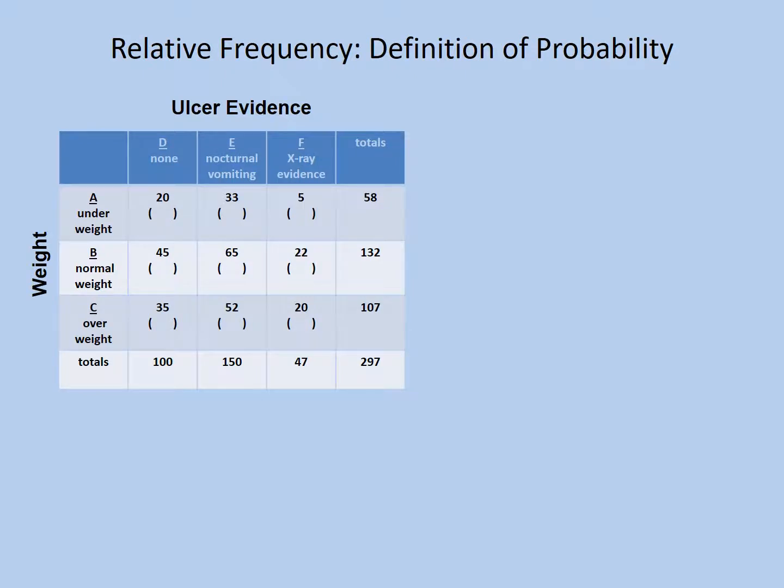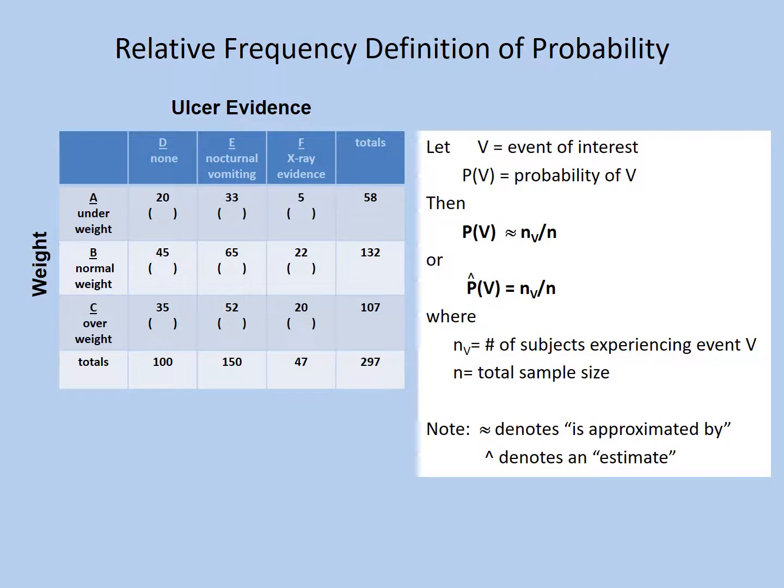We will use our two-way classification table relating weight to ulcer evidence to illustrate the relative frequency definition of probability. Let V denote any event of interest, and P of V denote the probability of this event.